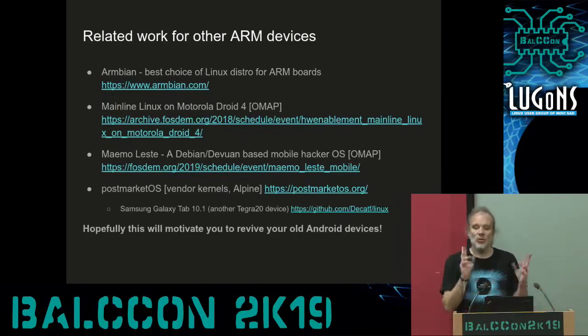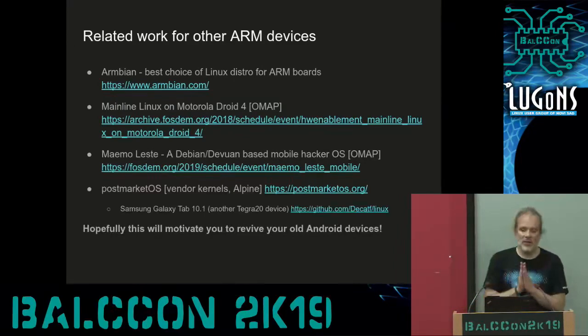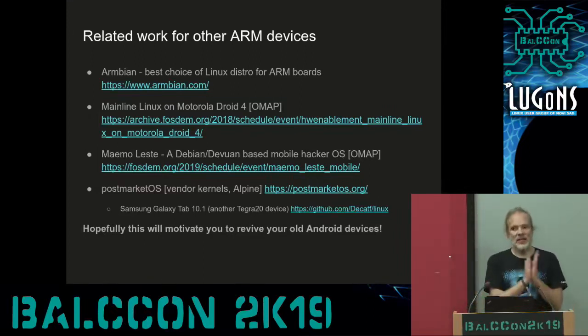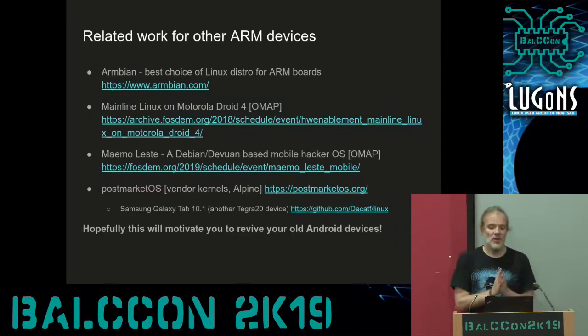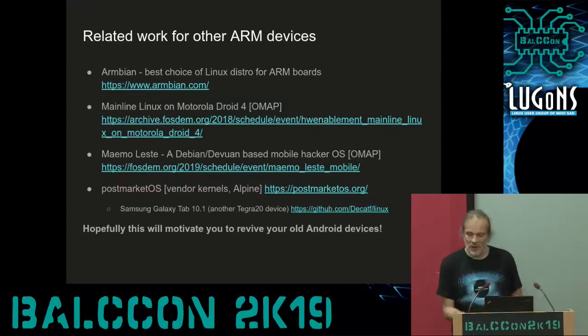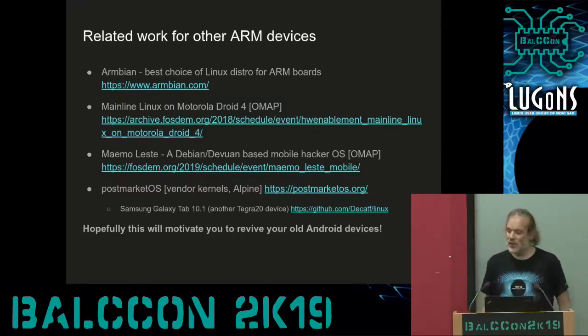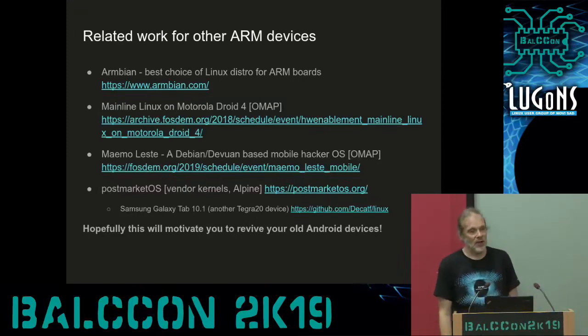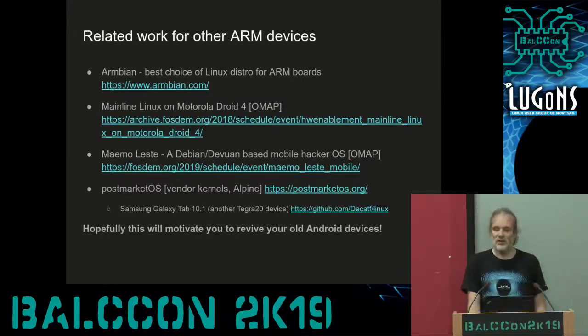But the two main stops for the beginning are either Armbian, from which you will get the latest supported mainline kernel, or postmarketOS, if you don't like Debian and want Alpine, which will enable you to actually run the vendor kernel on your Android device, but with the current userland stack.